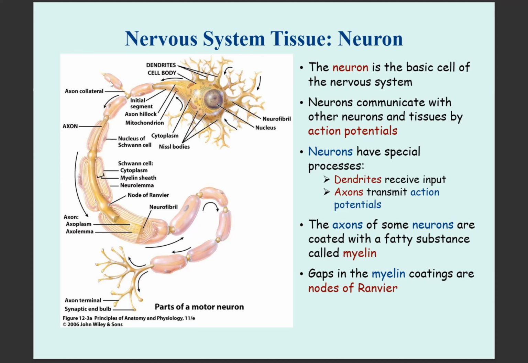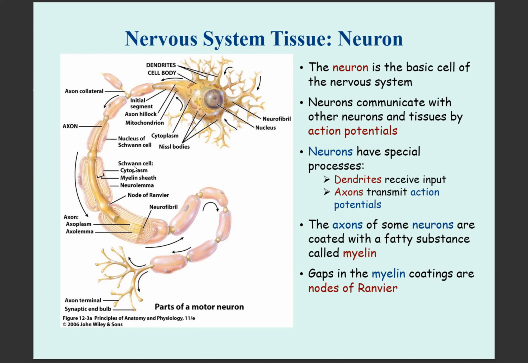At the axonal part of the neuron, we could have branches which we call axonal collaterals. Then there could be some glial cells on it. Glial cells are the supporting cells, as we know earlier. So this is a Schwann cell wrapping around the axon. We'll be seeing the function of this later.